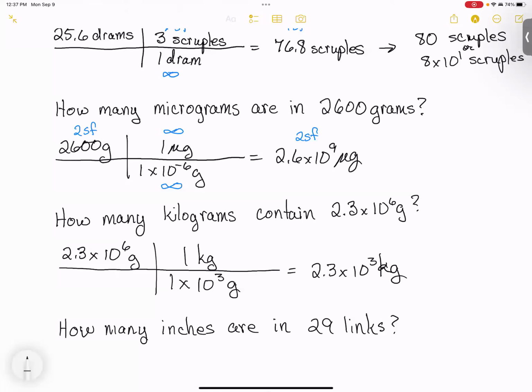I always check myself, even though I do this all the time. As far as significant digits are concerned, you had 2 significant digits in your first number. Again, your metric prefix conversion factors have unlimited number of significant digits. The one with the fewest is 2, so that's why your answer could only have 2 significant digits.